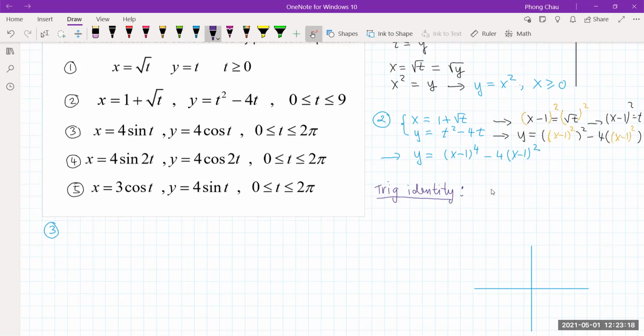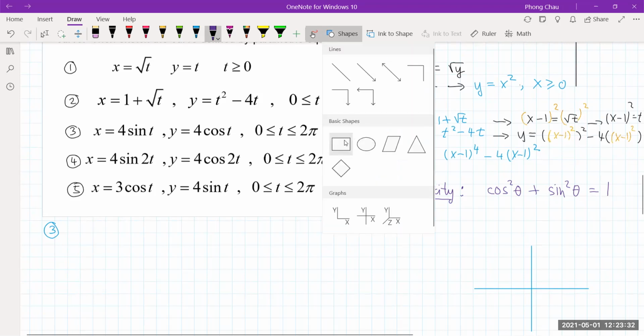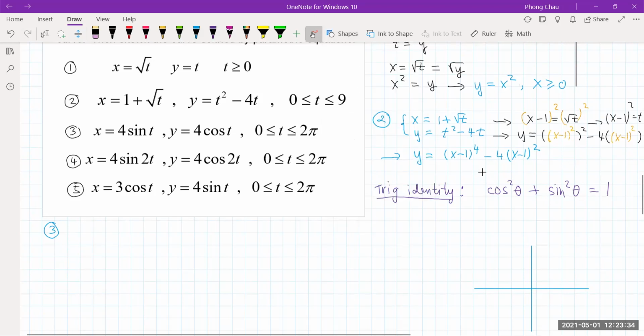The basic one, right? Cosine squared theta plus sine squared theta equals 1. This is the property that we'll be using, because when you apply this identity, it becomes just 1, and there's no more theta involved.